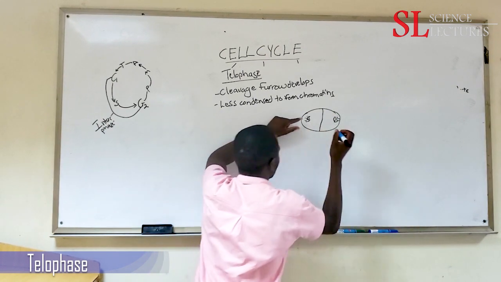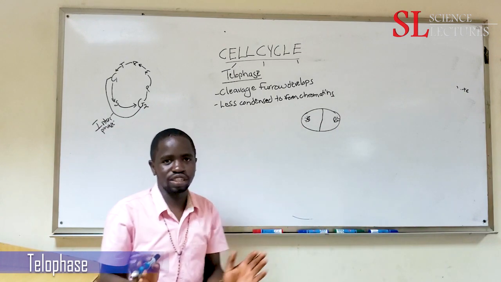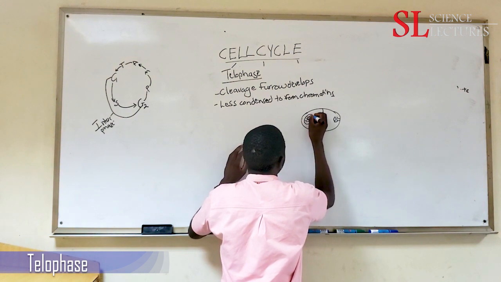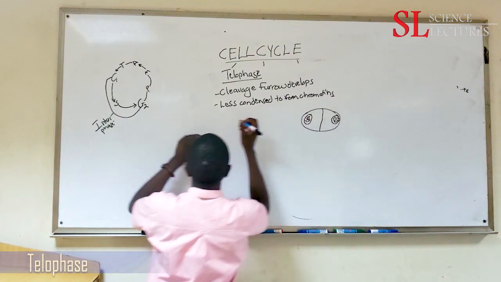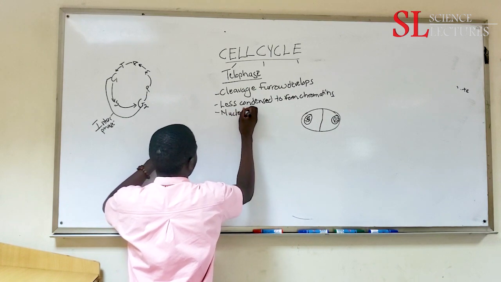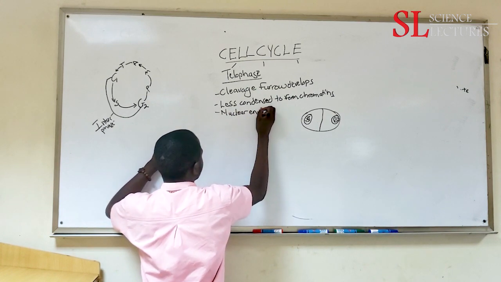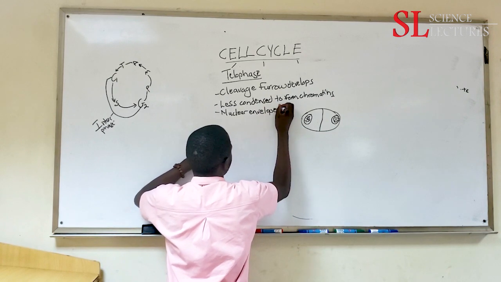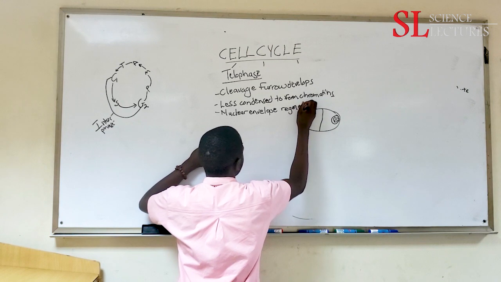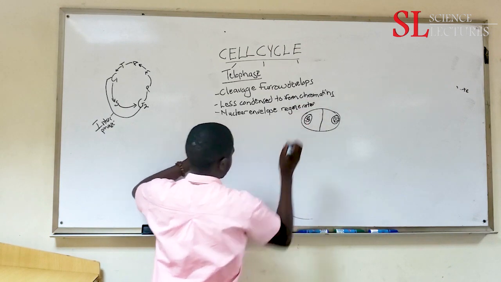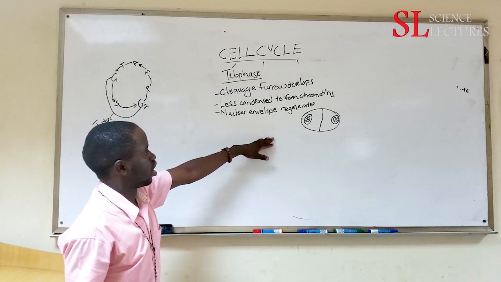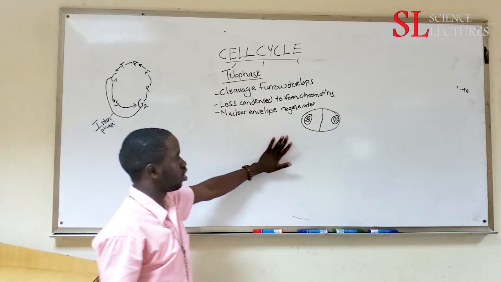And when they form thread-like structures, they need to be protected from other cellular components. Therefore, my nuclear envelope shall regenerate. The nuclear envelope regenerates. And that is what happens in telophase.